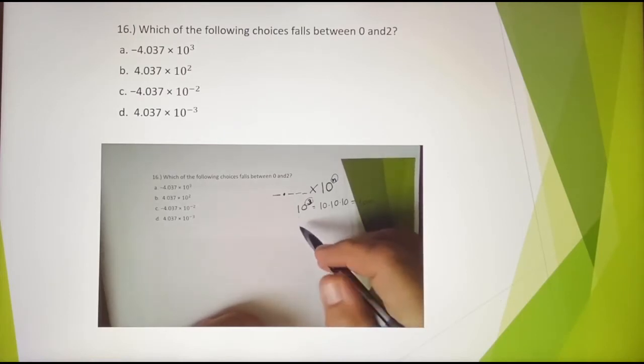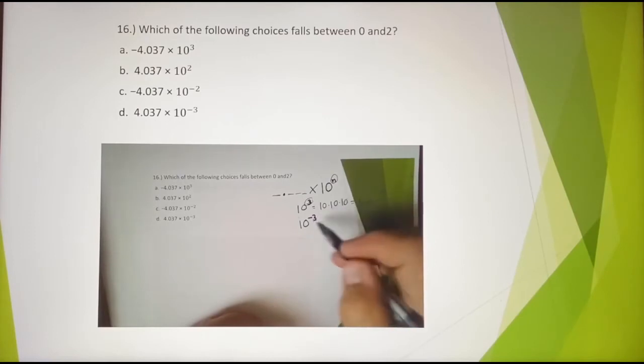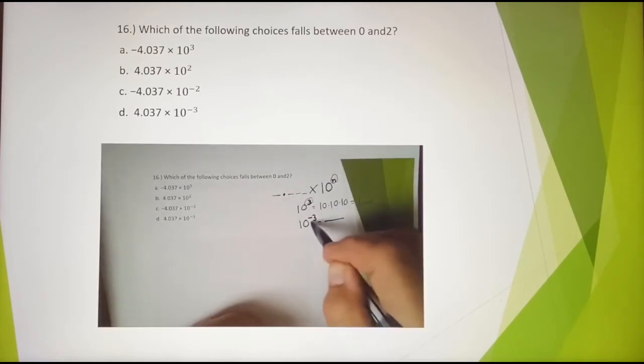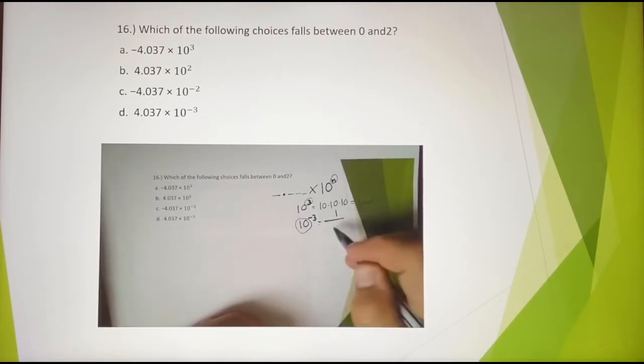If it's a negative exponent, let's say 10 to the negative 3. When you've got a negative exponent, you take whatever your base is. In this case, 10 is our base. That's the number that the power or the exponent is raising. And you put it in the denominator.